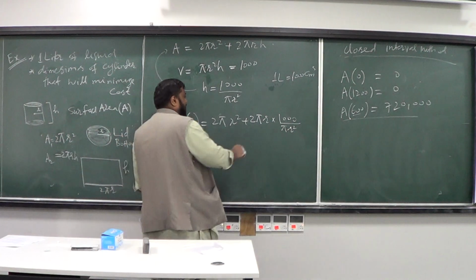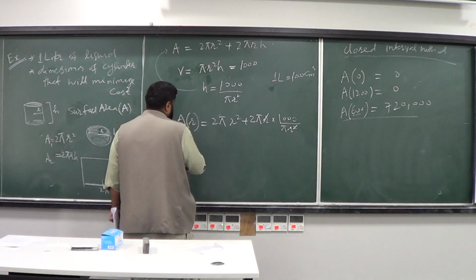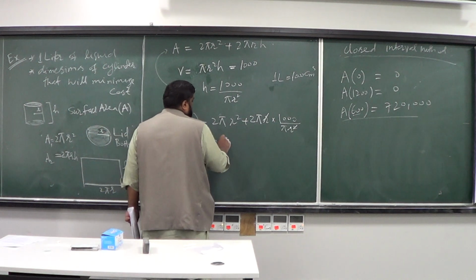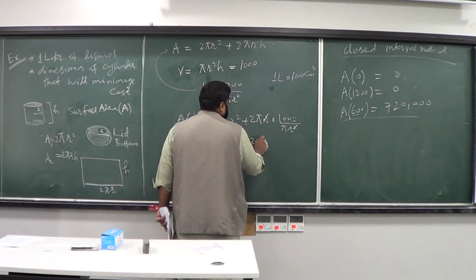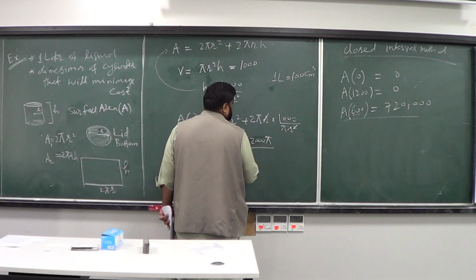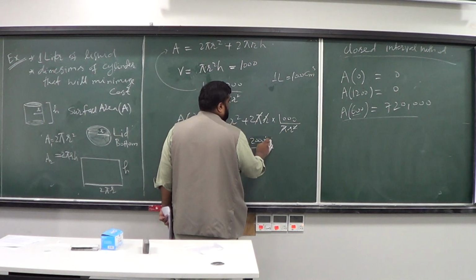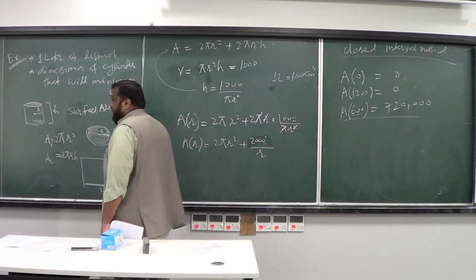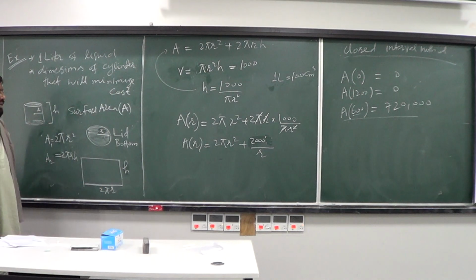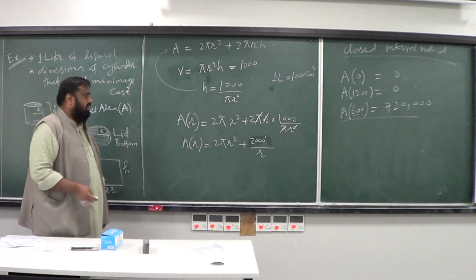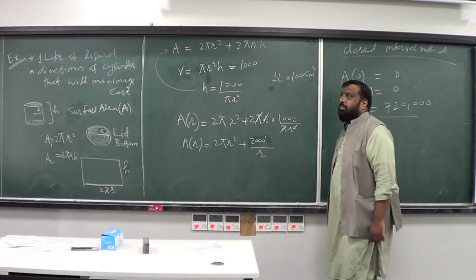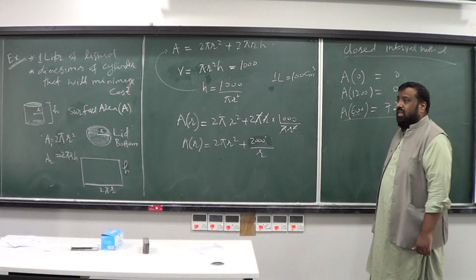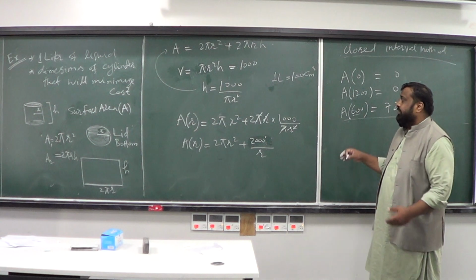So just get rid of r and r, and you get a function of r, which is 2 pi r square plus 2000 pi divided by, so pi and pi will be cancelled as well, so it's going to be 2000 by r. So this is the required surface area to contain 1 liter of the liquid.